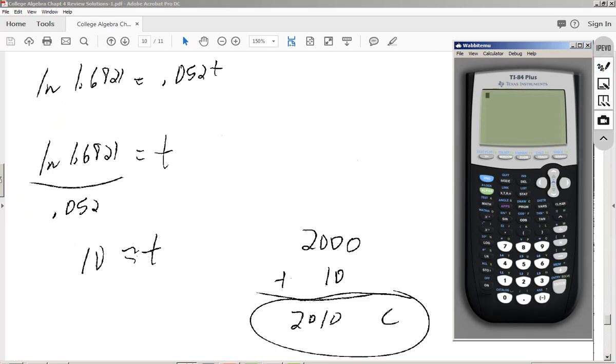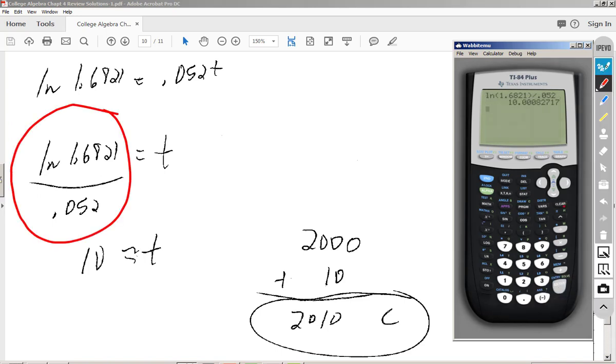I've got the ln, and then 1.6821, and I'm going to divide that by 0.052. That comes out to be t is equal to 10.